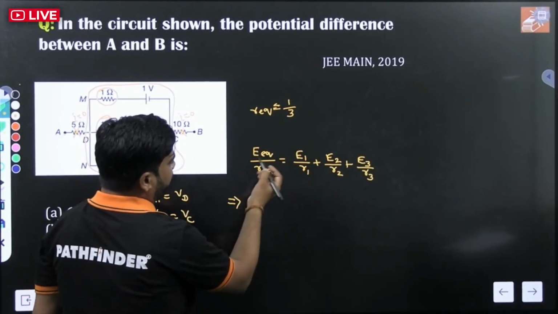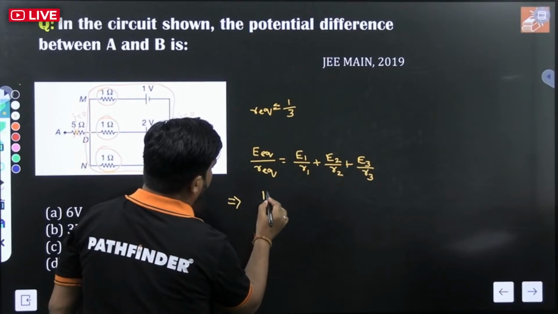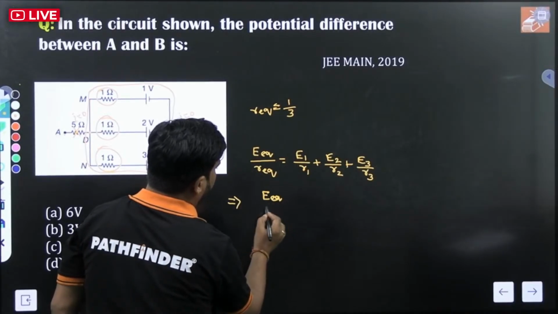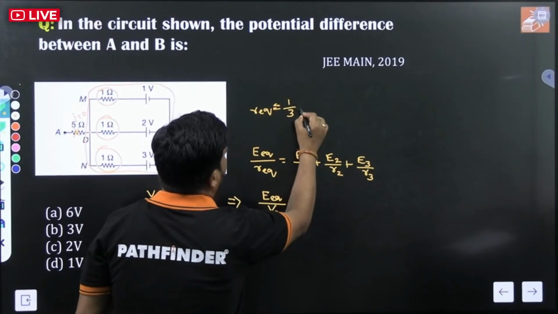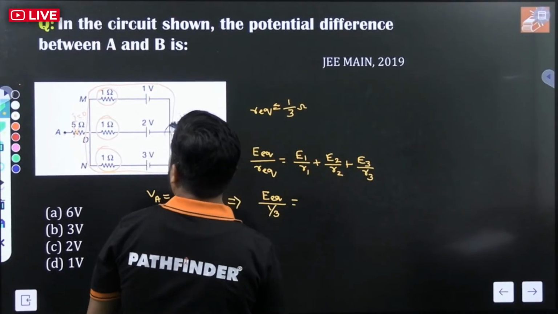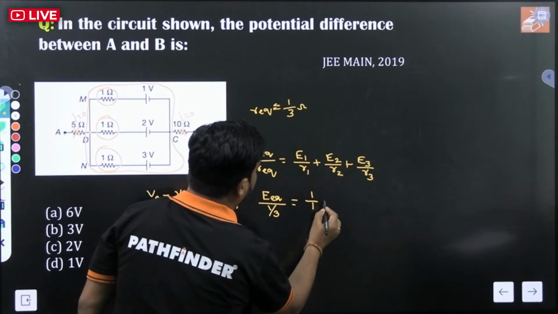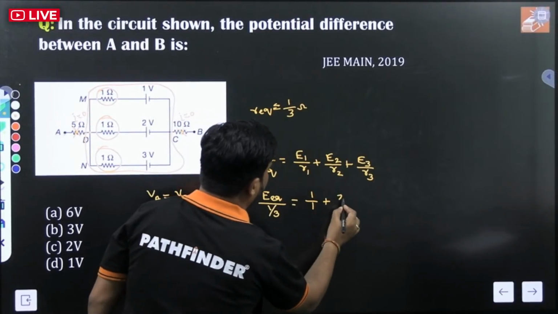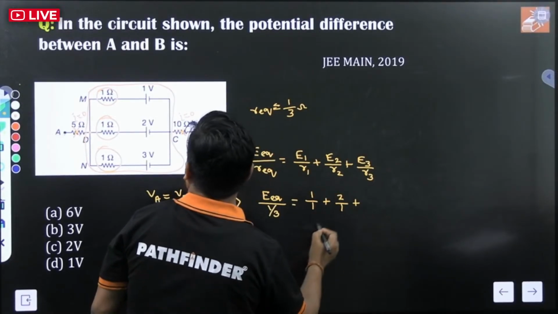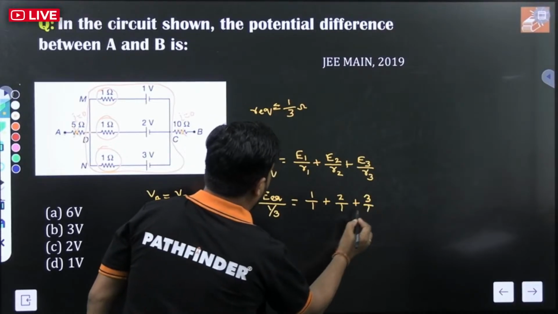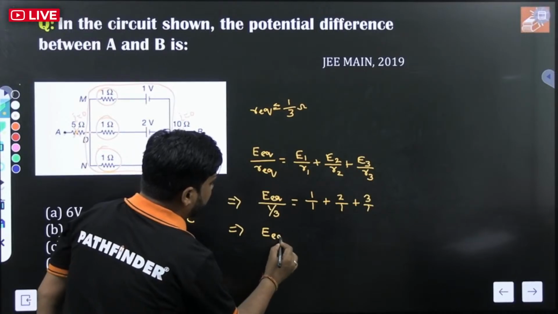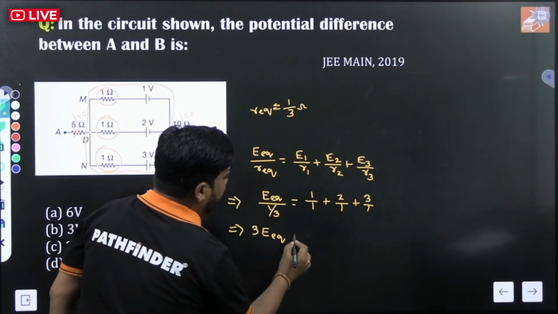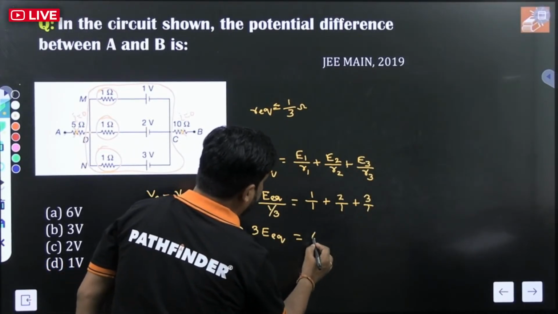Now just put that value. E equivalent divided by 1 by 3 ohm is equal to E1 value, 1 volt, by 1, plus E2 which is 2 volt, by 1, plus E3 which is 3 volts, by 1. So 3 E equivalent is equal to 3 plus 2 plus 1, that is 6.